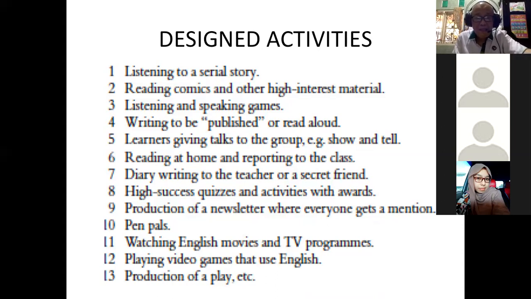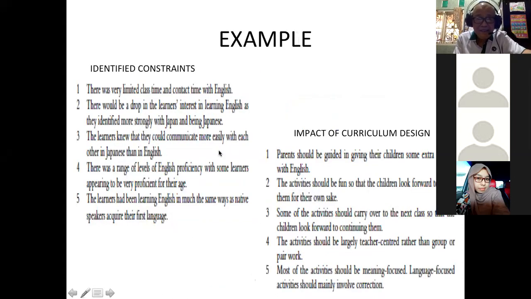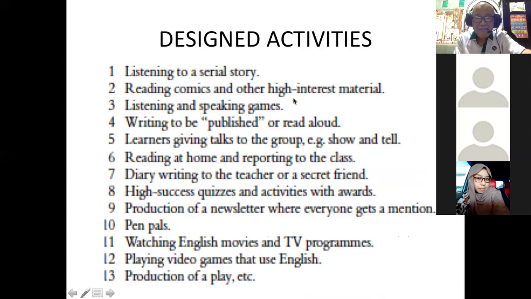Okay, so the activities that you design should also address these constraints. When you decide that this constraint may have an impact on the curriculum, then what kind of activities might help you to deal with the constraint?